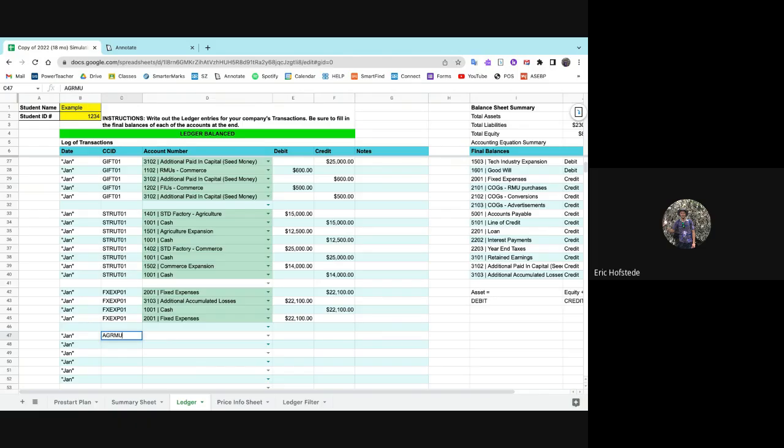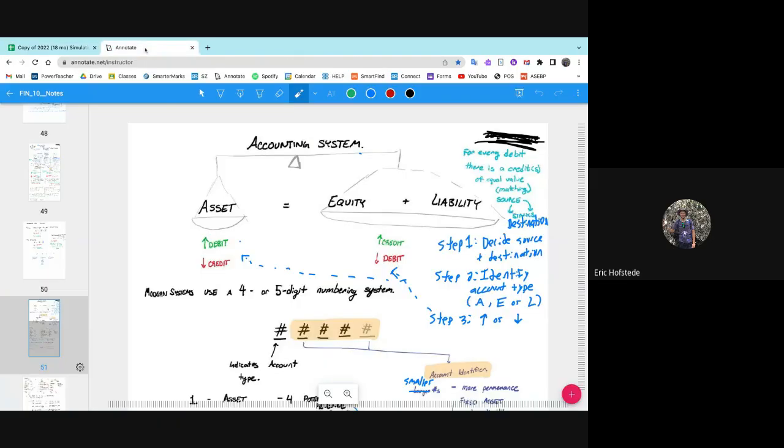You can use any code or any acronym you want. I'm going to do agriculture RMUs. All right. And the first thing I do when I buy them is I actually receive them, right? Even before I pay them. My RMUs of the agriculture flavor are going up. I'm gaining them. All right. And since it's an asset, I'm going to gain it by debiting it.